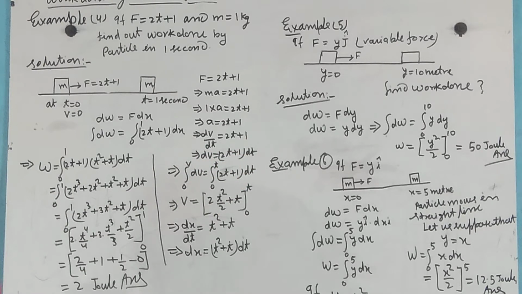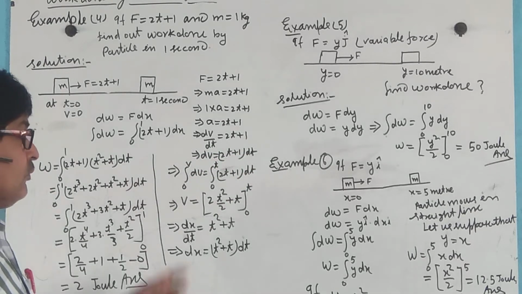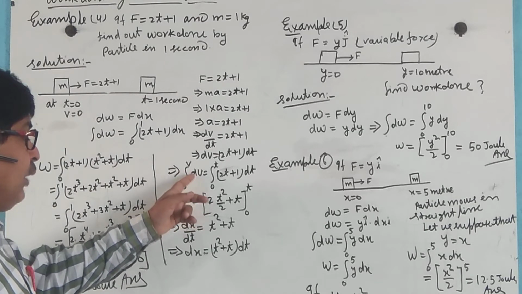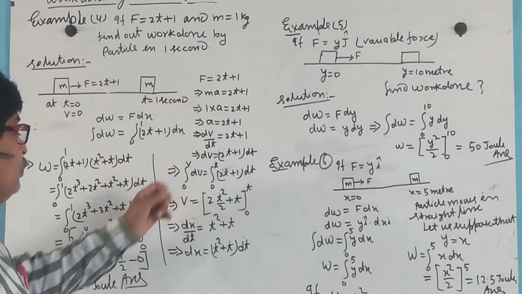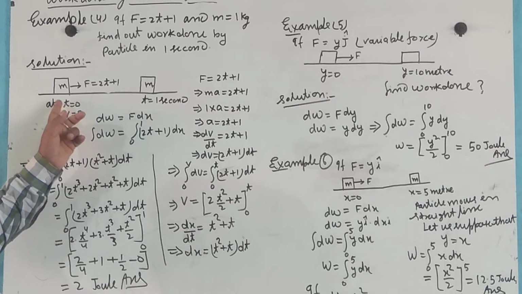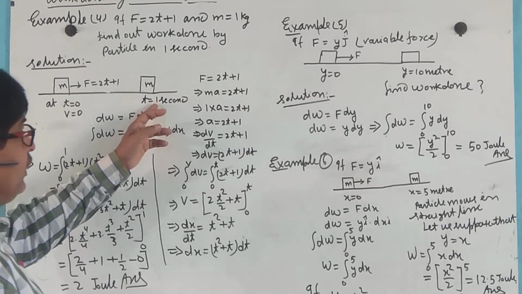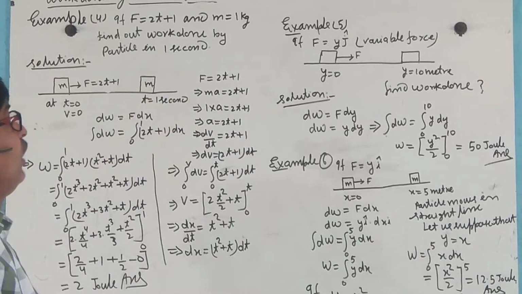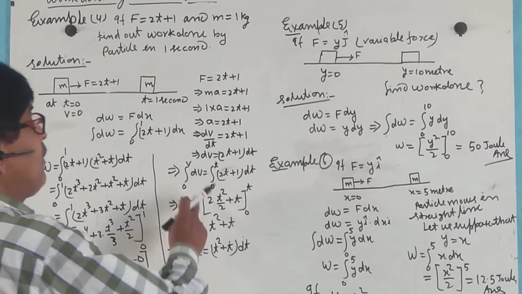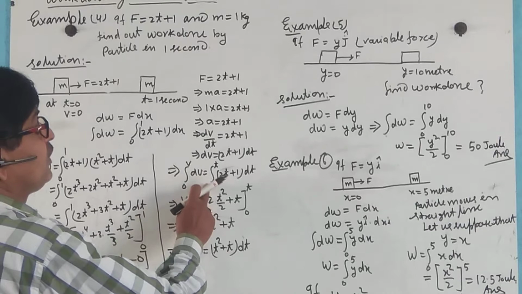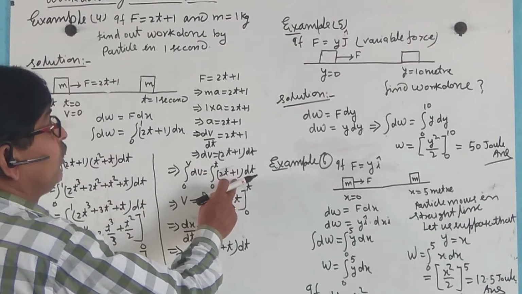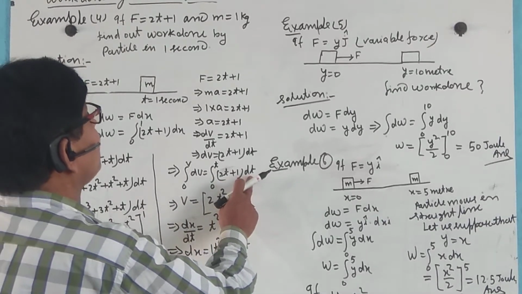Now again integrate: the integration of dv with limit 0 to v, in the initial position velocity is 0 and after that velocity is v, so 0 to v dv is equal to 0 to t, (2t plus 1) into dt here.